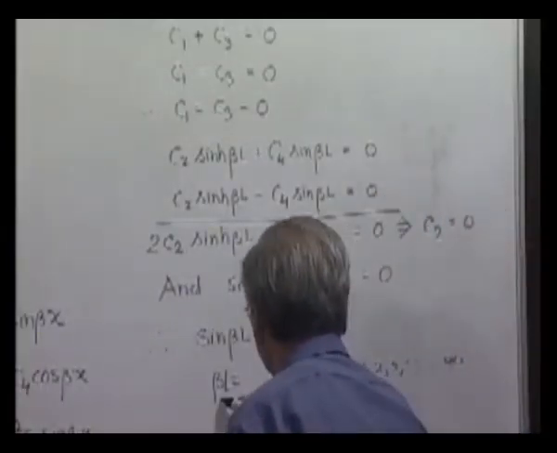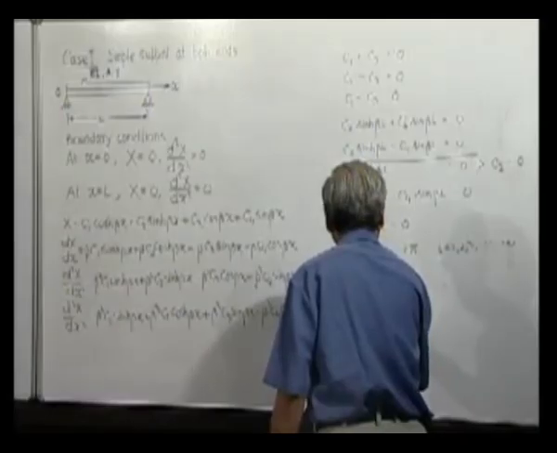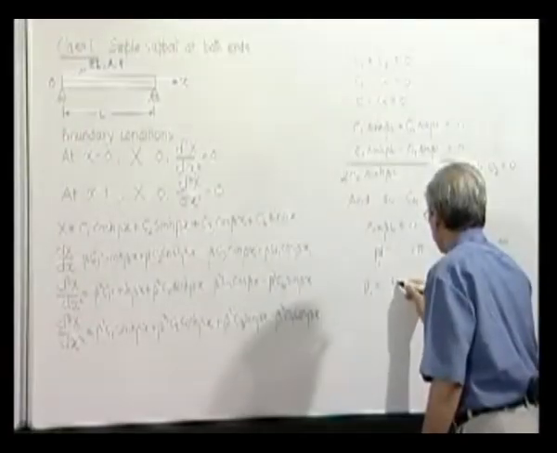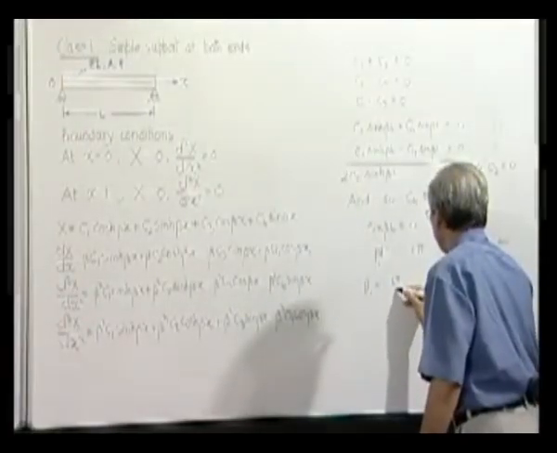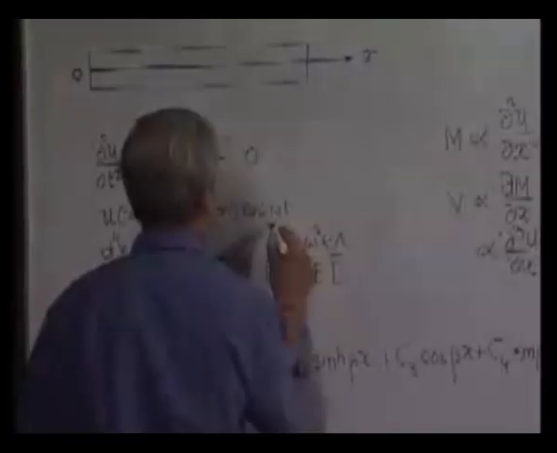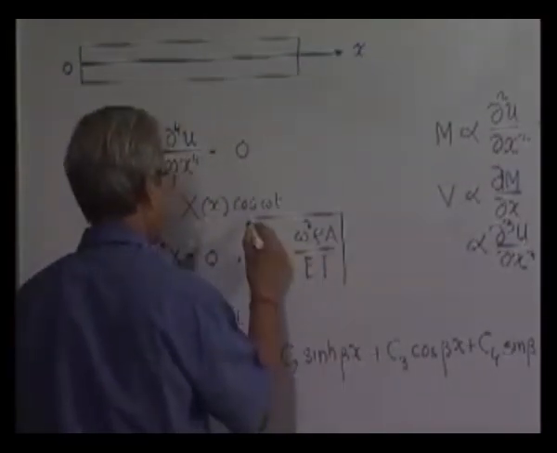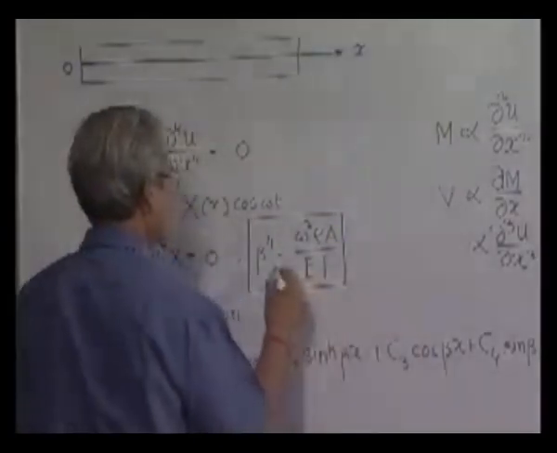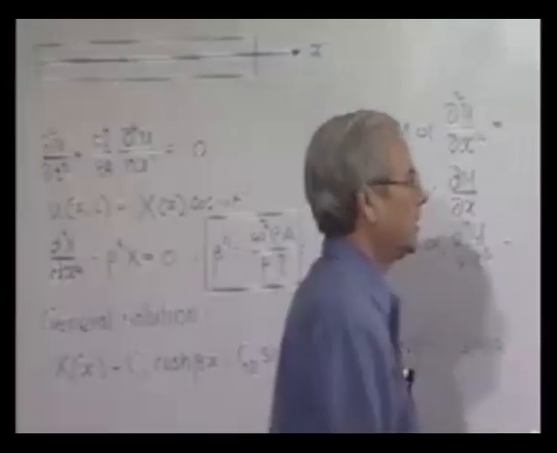So say beta I, so beta I is equal to I pi by L, and this we know from here is the fourth root of this.